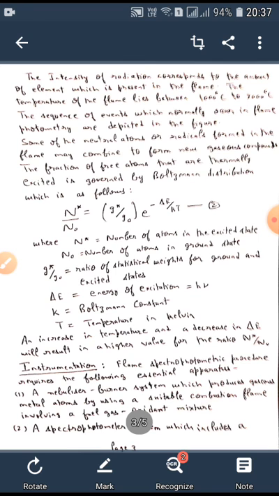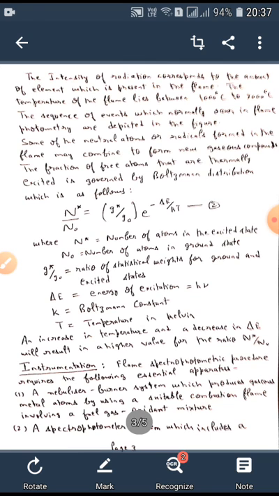Now, the fraction of the free atoms that are thermally excited is governed by the Boltzmann distribution, which is given as n star upon n0 is equal to g star upon g0 exponential raised to the power minus delta E upon kT.